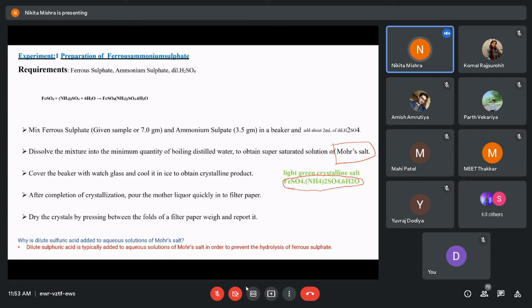Such types of questions can be asked: why have we added dilute sulfuric acid in the preparation of ferrous ammonium sulfate? So the answer is, dilute sulfuric acid is typically added to the aqueous solution of Mohr's salt to prevent the hydrolysis of ferrous sulfate.